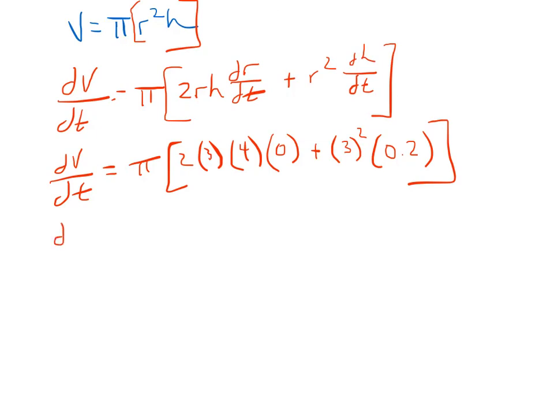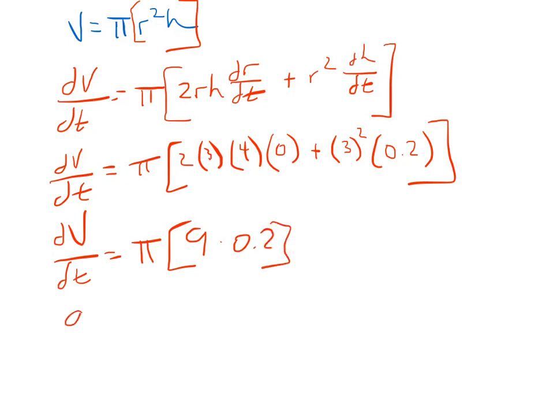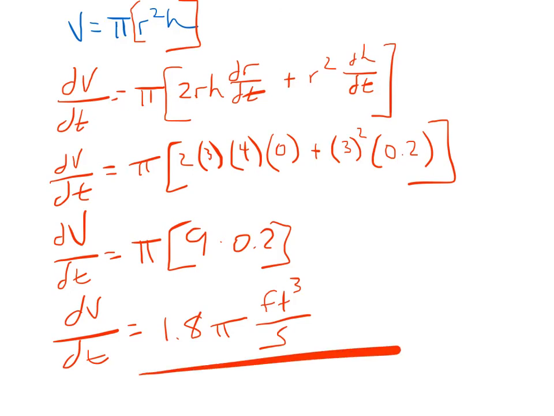Going through and doing some simplification, I can now tell you that dv/dt is equal to pi times 9 times 0.2. So dv/dt is equal to 1.8 pi. And now I would probably need to include some sort of units. Volume would be feet cubed, and time is seconds. So there's my answer for that.